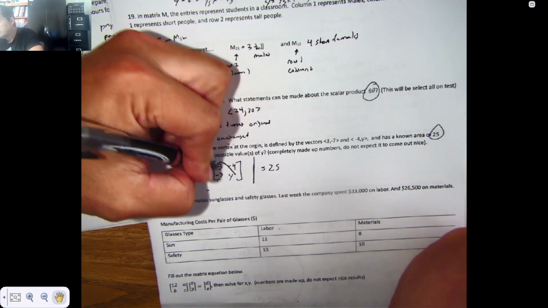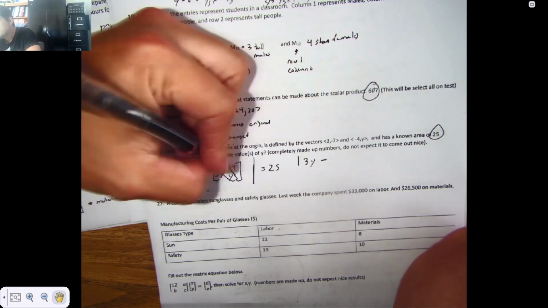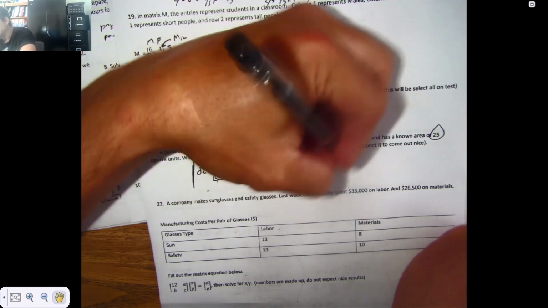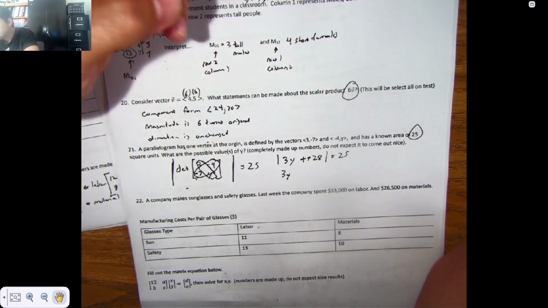And then I just do the math here. The absolute value of 3y minus a -28 must be 25. Taking away negatives is addition.